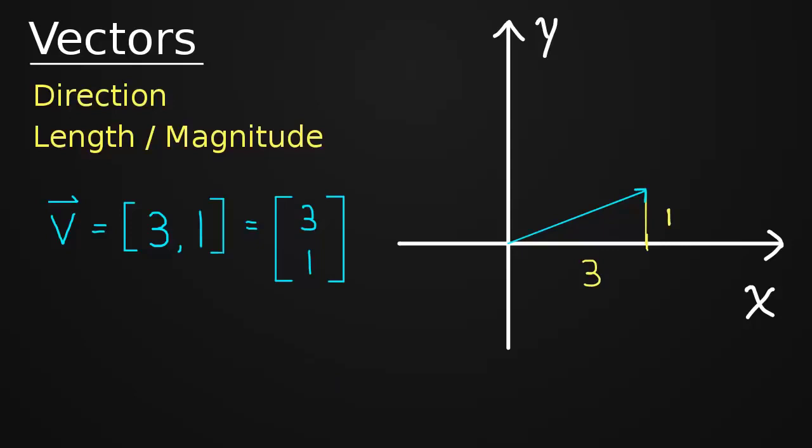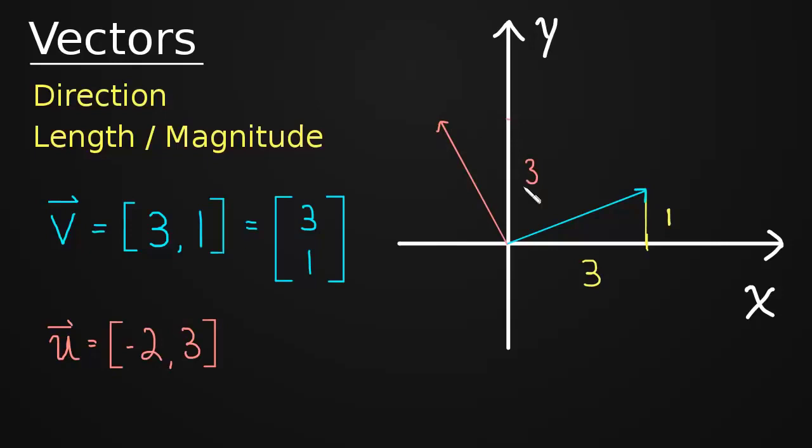Okay, let's look at another example. Let's look at, let's say, the vector u. And let's say it has the components -2, 3. Well, that simply means we're moving over negative 2 in x and up 3 in y. So maybe something right around here.